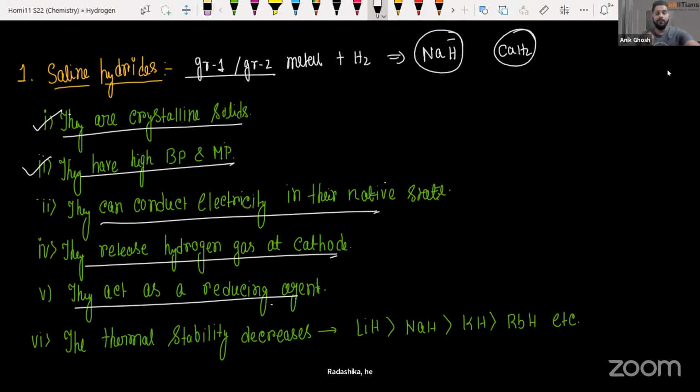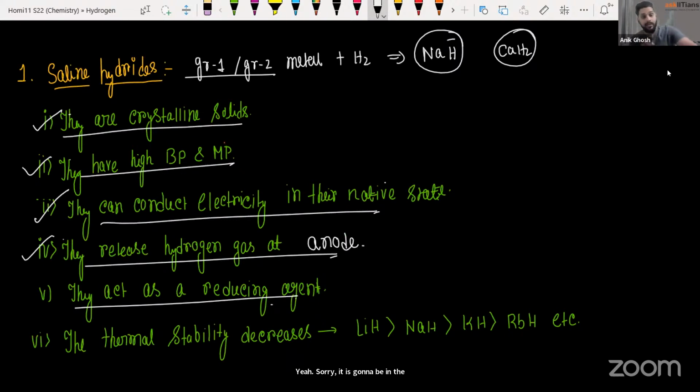They have high boiling and melting points for every single ionic compound. Conductivity is high in their liquid state. Again, ionic compounds are going to be like that for sure, right? Then they release hydrogen gas at the cathode. This is something I mentioned, right, guys? Sorry, it is going to be at the anode.